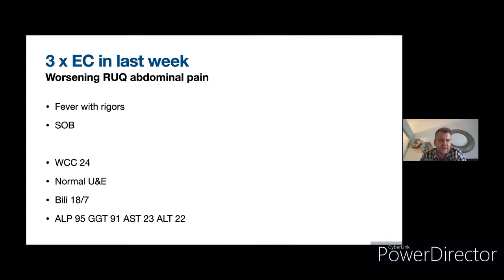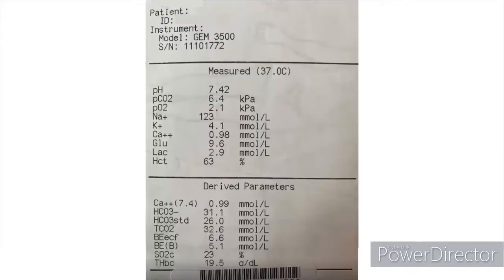It was then associated with fever and rigors, as well as shortness of breath. He had an elevated white cell count. His renal function and electrolytes were normal, and very slightly deranged LFTs. His venous blood gas showed that he was dehydrated, as well as a metabolic alkalosis from his vomiting.